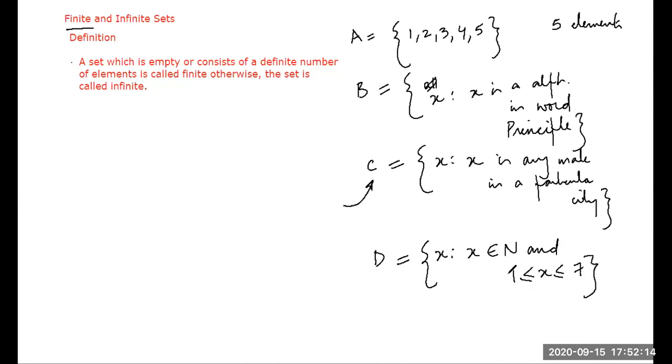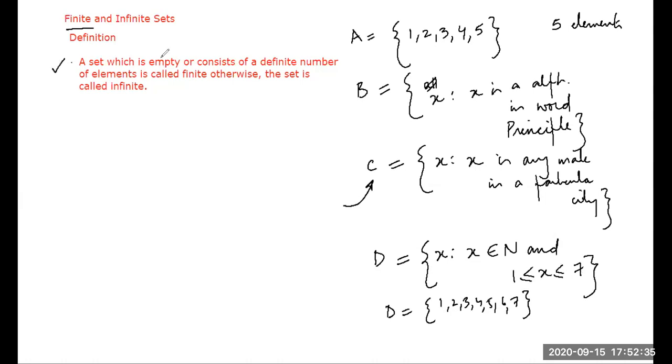So it has 7 elements, right? I can write this set in the roster form as 1, 2, 3, 4, 5, 6, 7. So these are all the examples of finite sets. Let's see the definition.